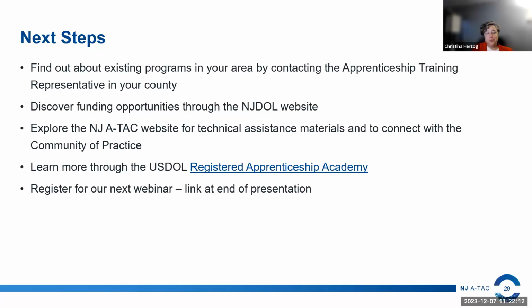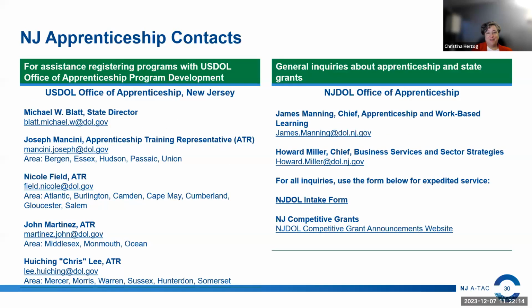So in order to accomplish all of that, we are providing you with our New Jersey apprenticeship contacts once again. As a reminder, for assistance registering programs with the USDOL Office of Apprenticeship, for program development, you want to contact the team on the left. There is a list of apprenticeship training representatives included here by region, so we encourage you to reach out to them.